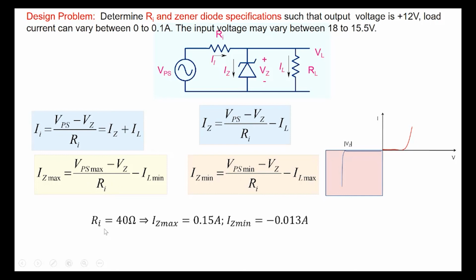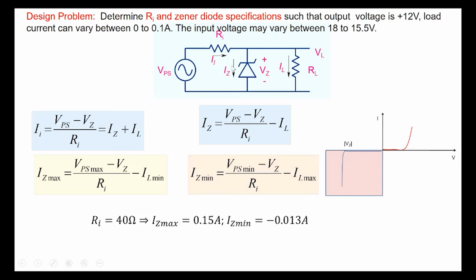As an example, if I choose Ri equal to 40 ohm, since we are given VPS max and IL min and everything, we find Iz max is 0.15 amperes and Iz min is minus 0.013 ampere. And so Iz max is not an issue. But Iz min, note the direction of Iz.